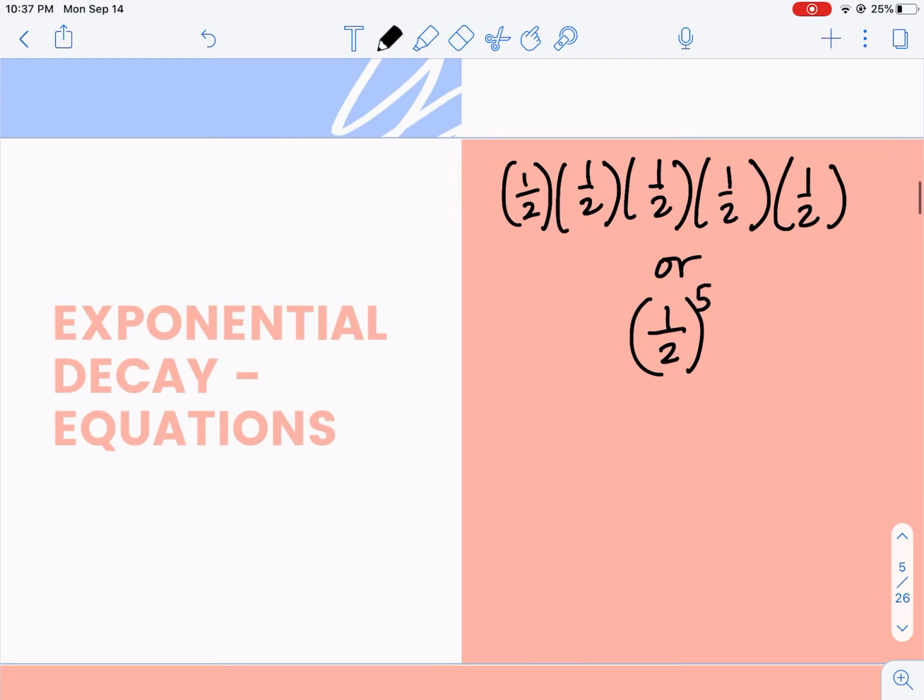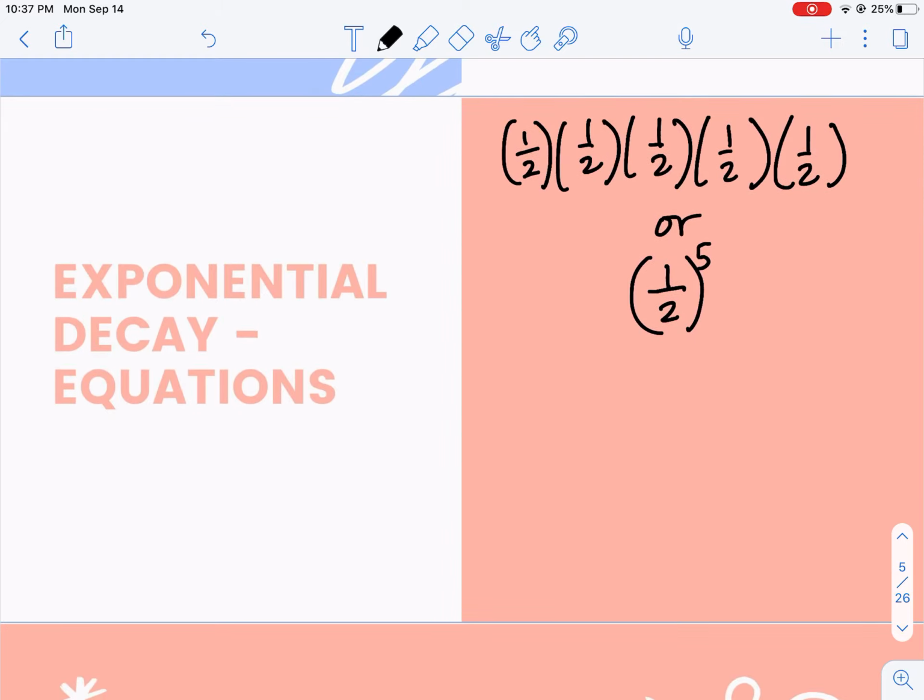Now, exponential decay equations are going to be in the same form, y equals a times b to the x, as our exponential growth functions. A is still the initial value, but b is not the growth factor. B is the decay factor.